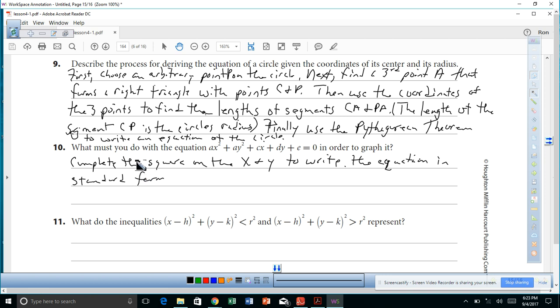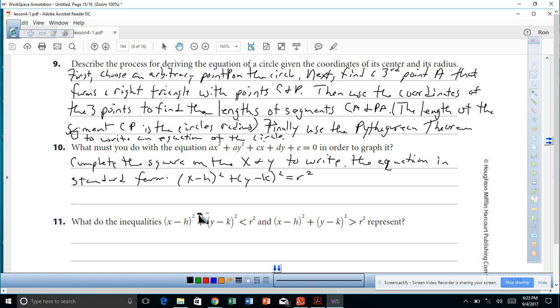From the standard form equation, you can then identify the circle's center and radius, which you can use to graph the circle. So the standard form is going to be x minus h squared plus y minus k squared equals r squared.